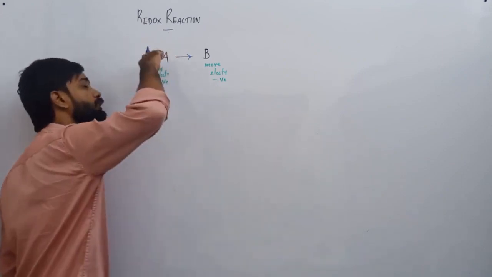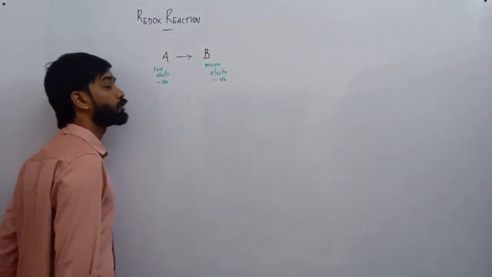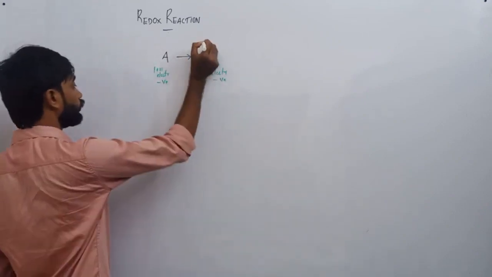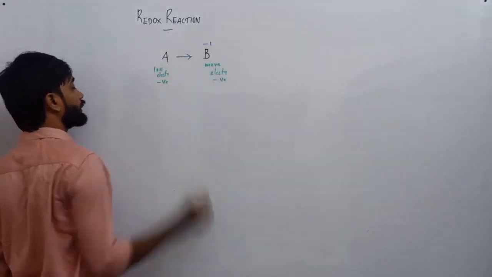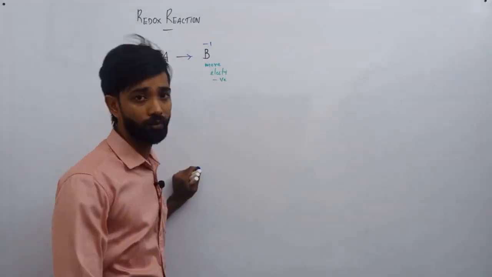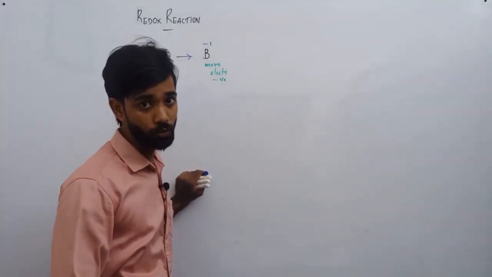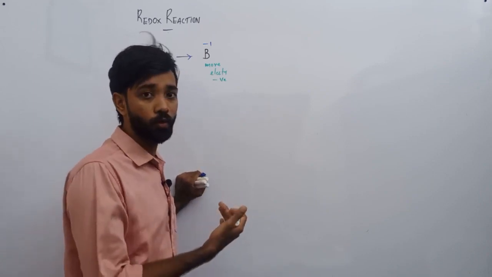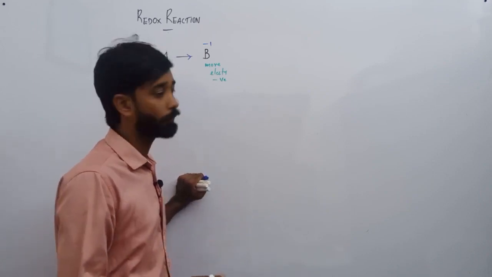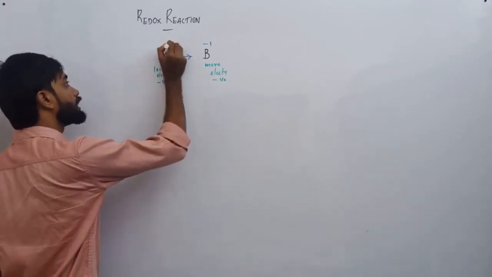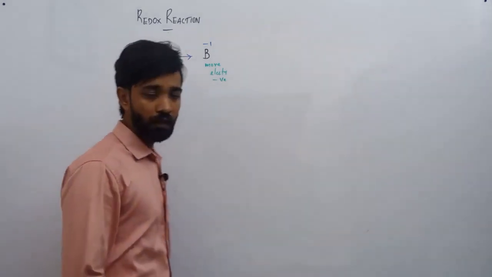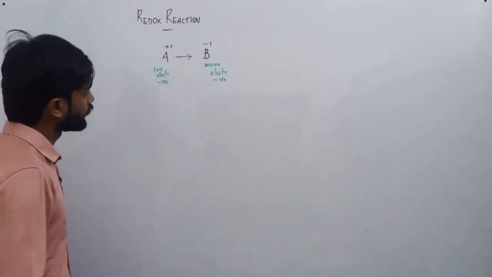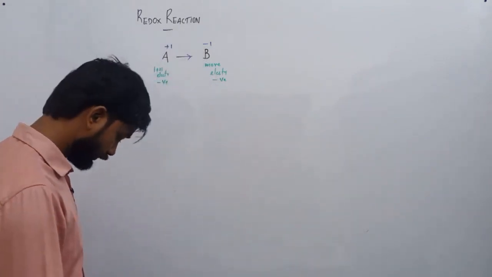So electron density moves towards B because B is more electronegative than A. If so, B should assume a charge of -1, because somewhat an electron is gained by B, and A having a charge of +1. Ready? That is the concept.